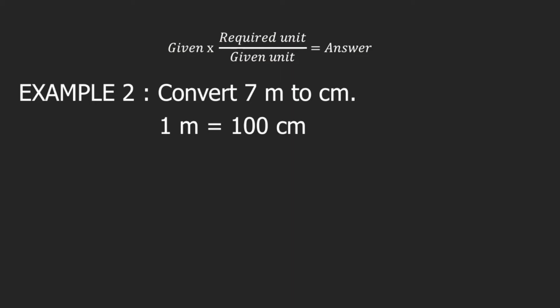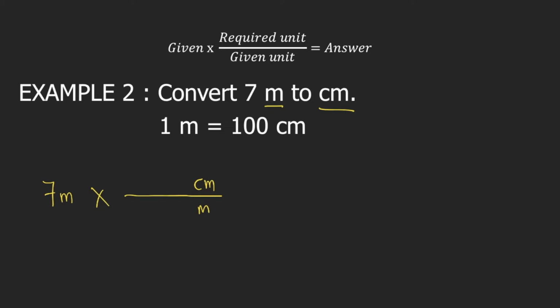For example 2, let's try the other way around. This time, convert 7 meters to centimeters. The equivalence is 1 meter equal to 100 centimeters. This time, we are given 7 meters, multiplied by the required unit, centimeters, over the given unit, meters.